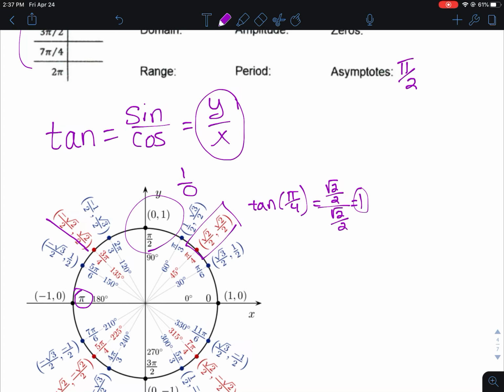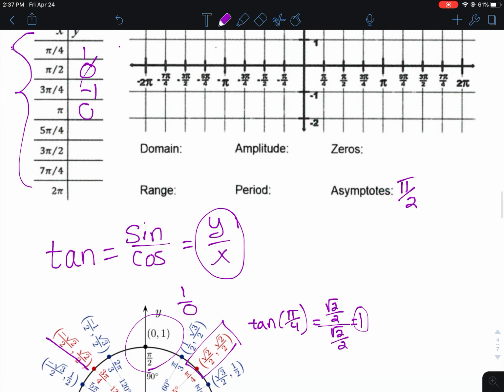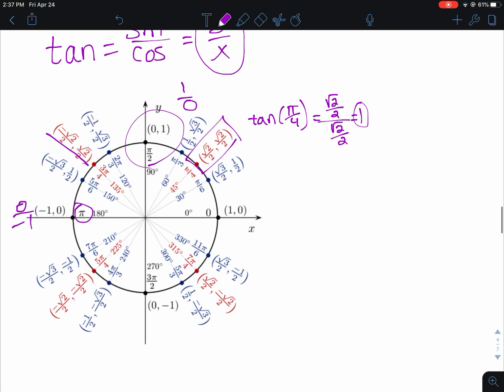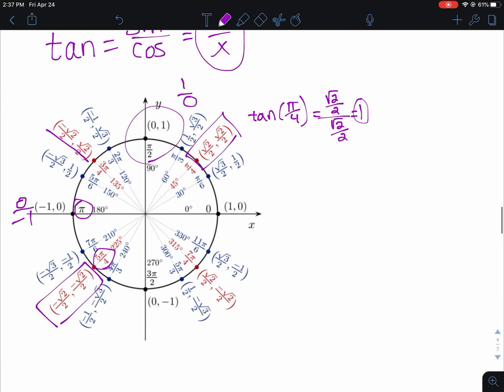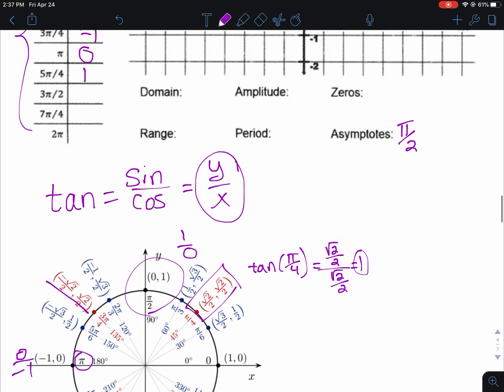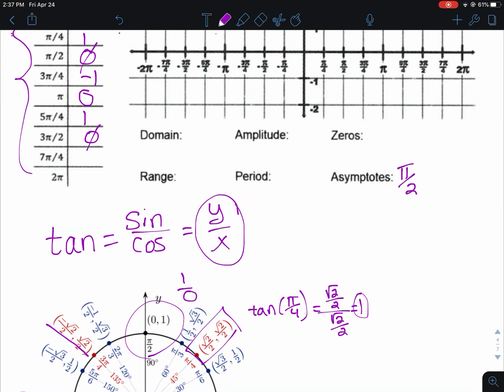At pi, we would have 0 over negative 1, which would just be 0. At 5 pi over 4, we're dividing negative square root of 2 over 2 by negative square root of 2 over 2, so that would just become positive 1. At 3 pi over 2, again, negative 1 over 0, undefined. So another asymptote at 3 pi over 2.